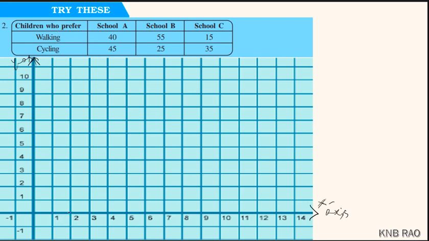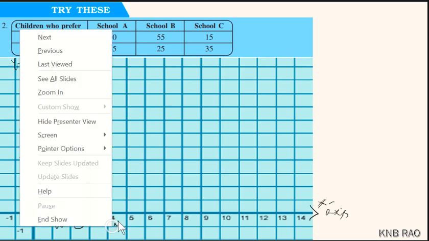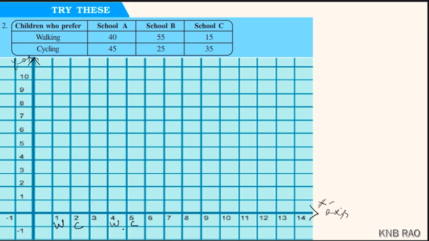For example, one bar I will take for walking, another bar for cycling, and I will give a gap here, and further I will take again walking, cycling. This is for school A and this is for school B. Similarly, I will take walking and cycling here for school C.